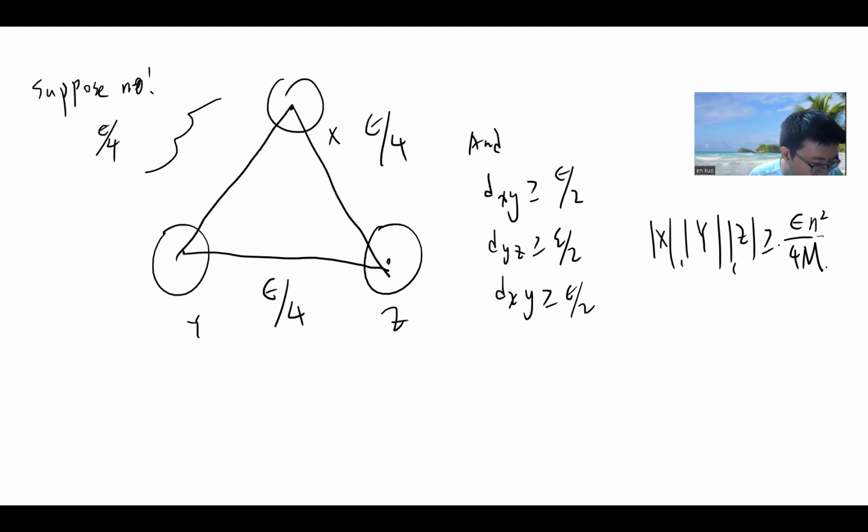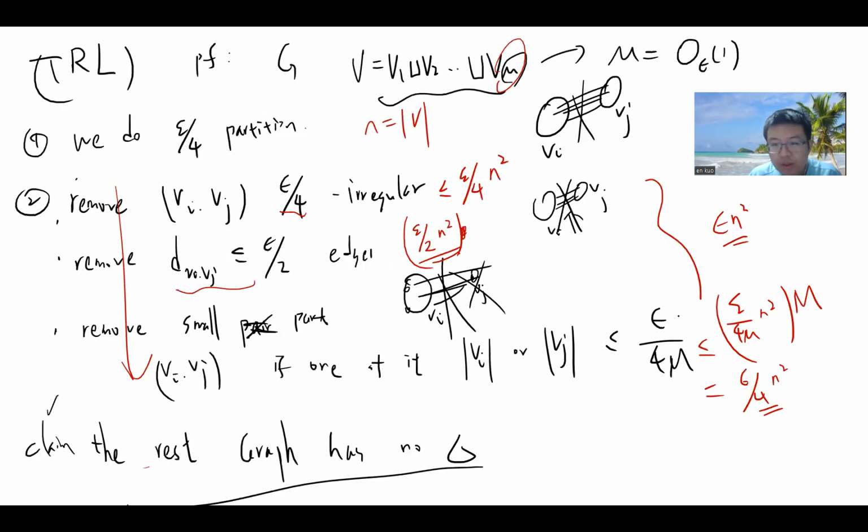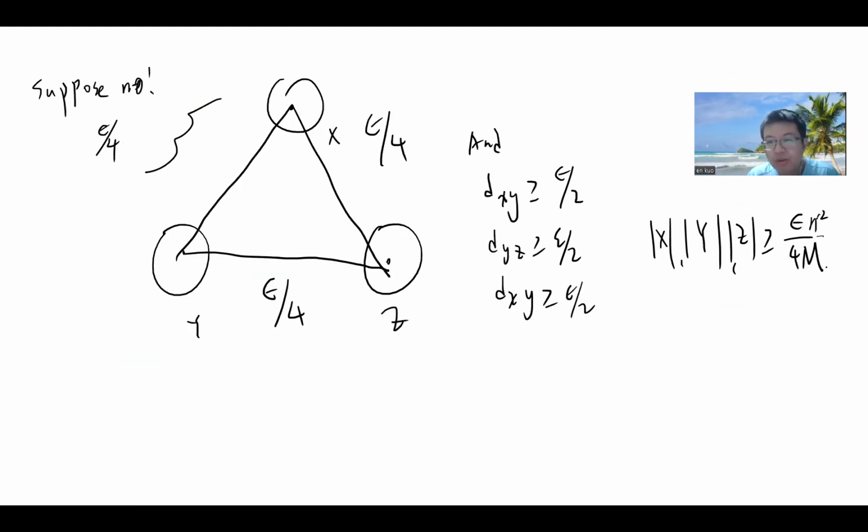I forgot a scaling with n here, because we count this as density, so I need to fix this. So if these edges are still connected, there is one triangle remaining.